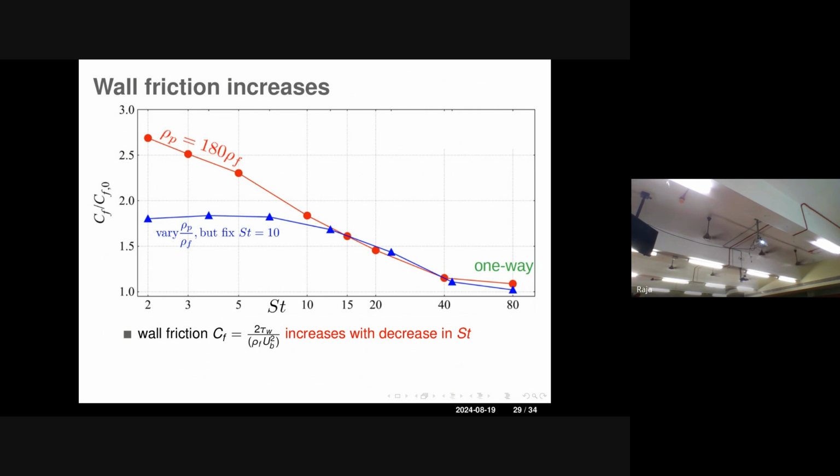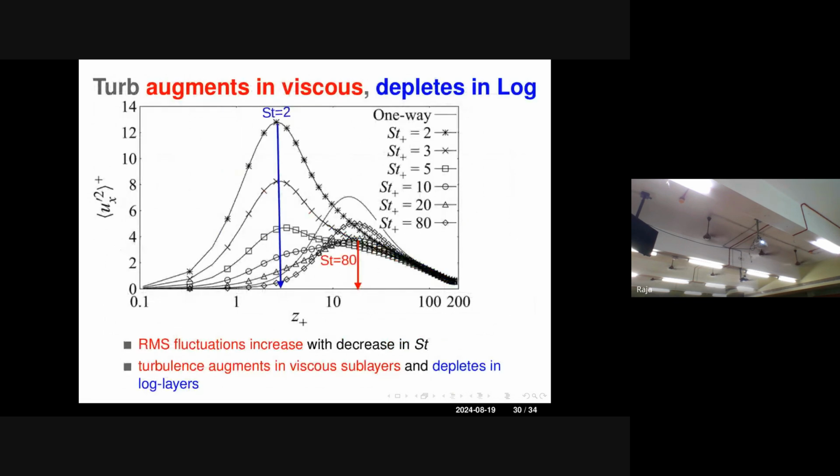But if that decreases, naturally the skin friction coefficient increases in the system. The entire skin friction, in some sense the drag representation, entirely changes based on this particle mix. Similarly, we try to calculate what kind of velocity fluctuations, RMS quantities, will be seen in the wall normal coordinates.